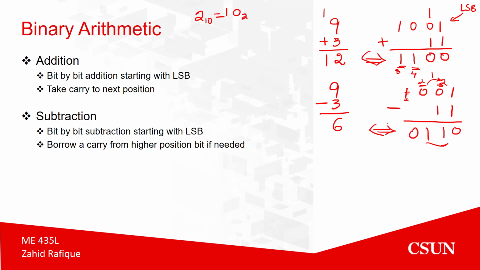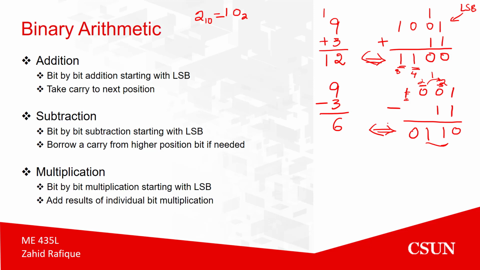Let's talk a little bit about multiplication. Now, multiplication works in the same way as in decimal system. So you start from your LSB and do bit by bit, and you add the individual results to find the net result.